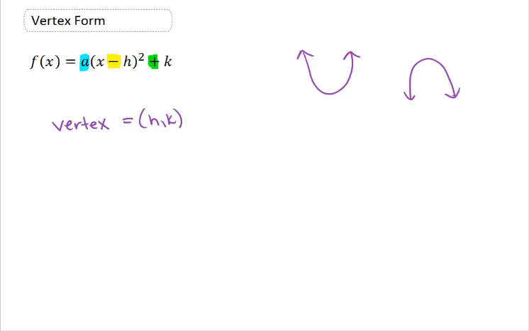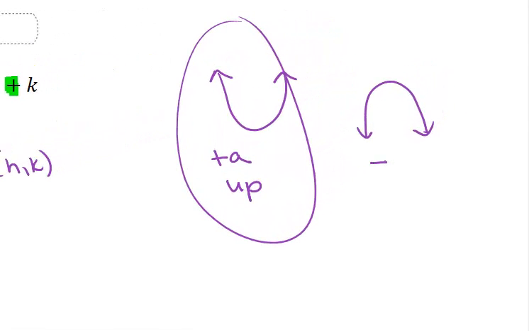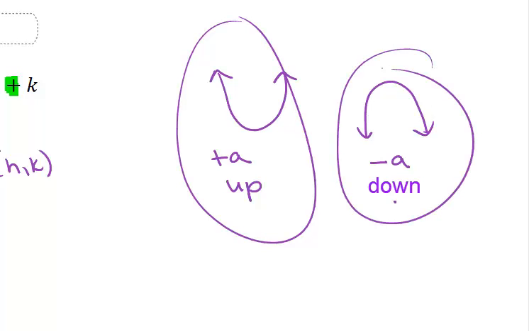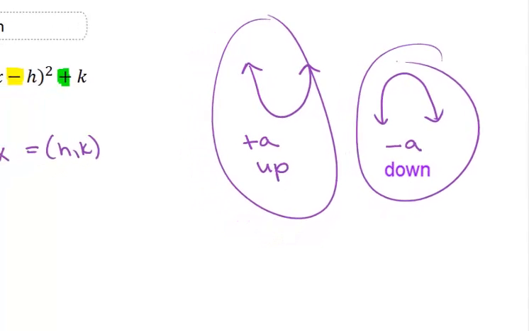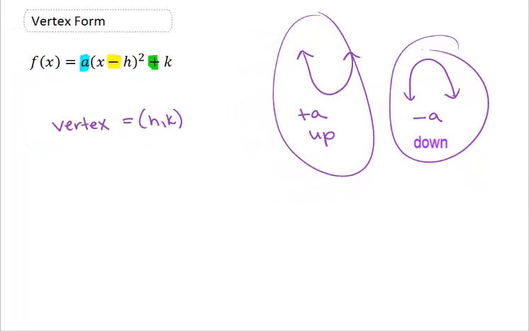If you have a positive A value, then your parabola opens up, and it will look like this. If you have a negative A value, then your parabola will open down, and it will look like this. So those are the two most important details of any graph of any quadratic equation. And again, let's work through an example to figure out how all of these specifically work.